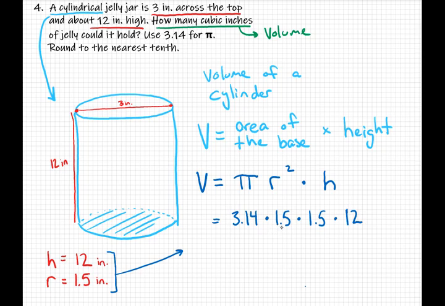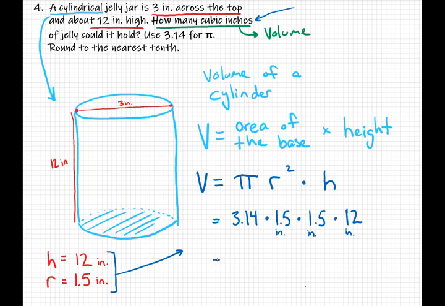So the radius is 1.5 inches, the height is 12 inches. So we have inches times inches times inches, and that's where we get the cubic inches from.